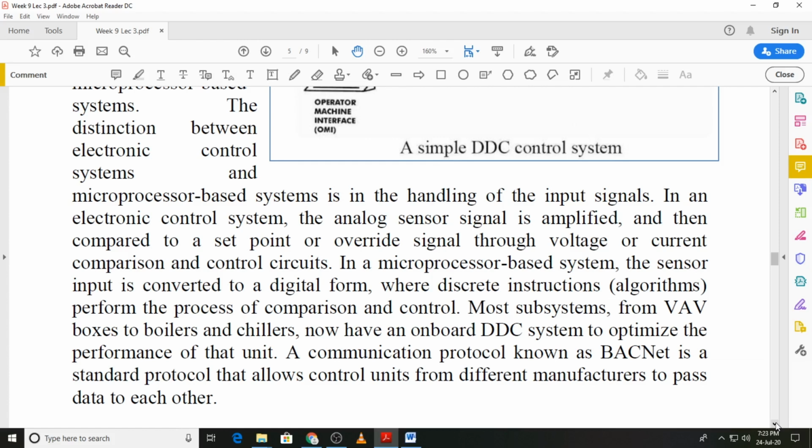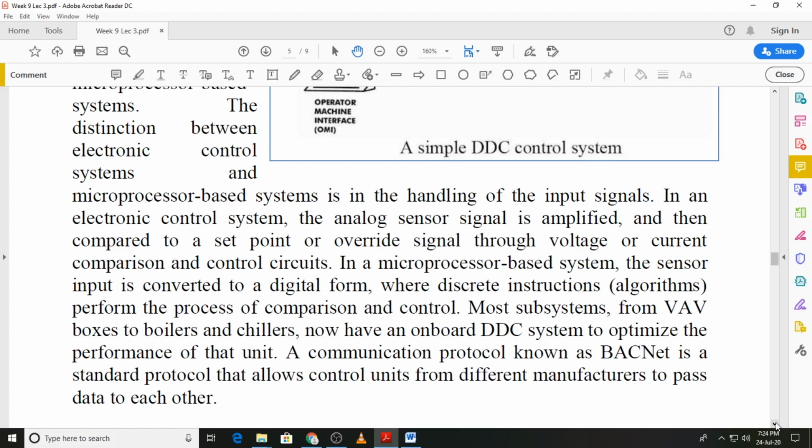Whereas in a microprocessor based system, the sensor input is converted to a digital form, and then we have discrete intelligent instructions in the form of algorithms which process the data and generate the desired output. And because these are quite sophisticated algorithms, we are able to control a very large system in a very efficient manner.